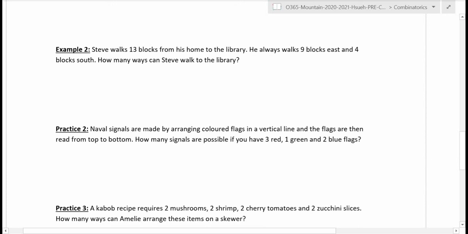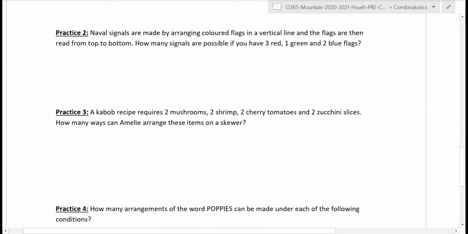Then you need to decide which method to use, and whether order matters or not, because so far everything that we've done, order is important. The next lesson I will be dealing with is the one where order does not matter. Then how do we differentiate? Anyways, we'll get to that later on. For now, let's just focus on what we're doing today.